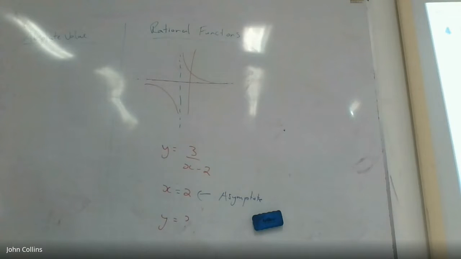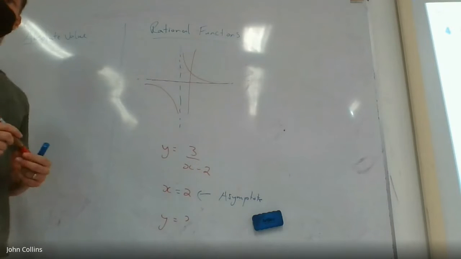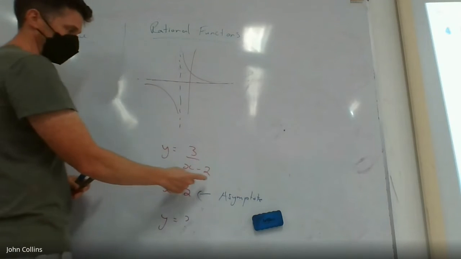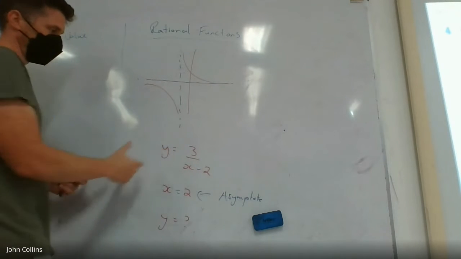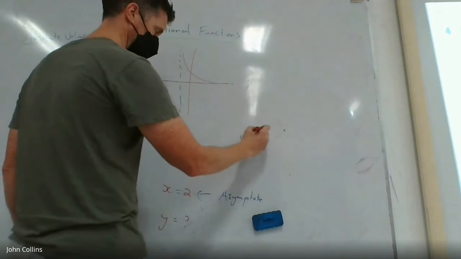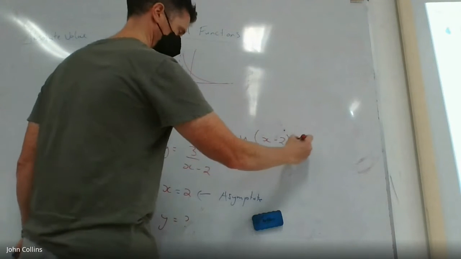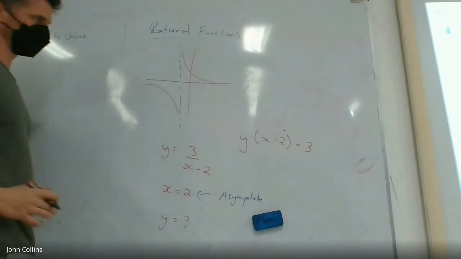Well, for most of these, and all of these, so the first two, y cannot be 0. Because what happens is all of this multiplies by 0, by cross multiply. So you end up solving for y, you end up with this situation by multiplying over here.